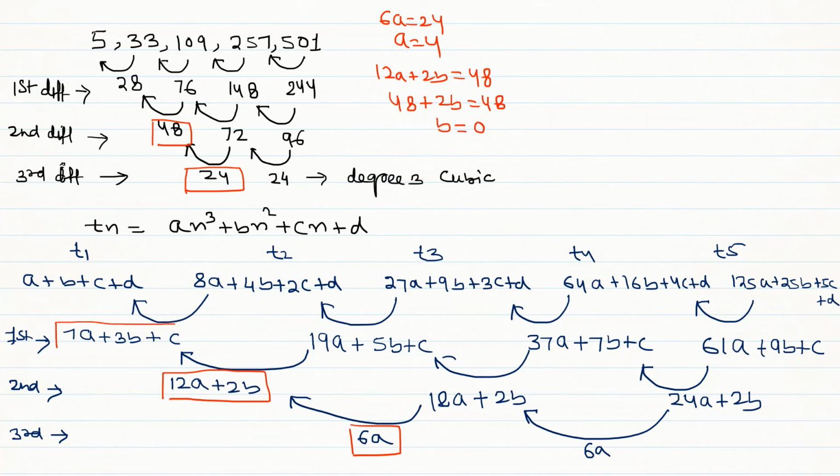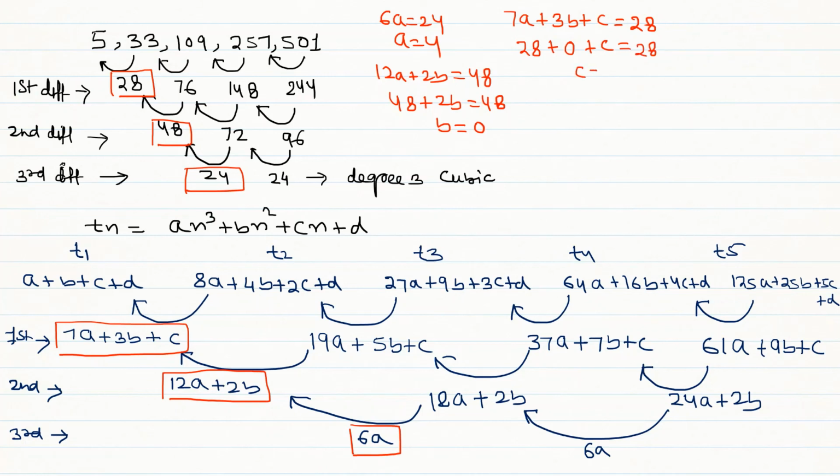Again, for the next comparison, we have 7a plus 3b plus c, which is equal to the next number, which is 28 from here. Let's put the values now. Since a is 4, 7 into 4 has to be 28, plus 3 into b is 0, plus c is equal to 28.